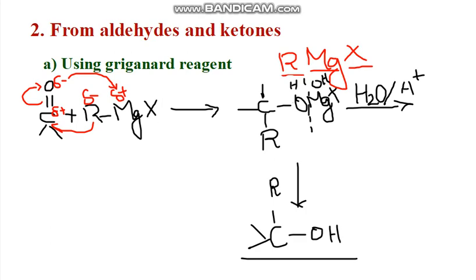Then here another important thing is formaldehyde. What is formaldehyde? Formaldehyde means aldehyde containing only one carbon, that is HCHO. This is the formaldehyde. When this formaldehyde reacts with Grignard reagent, we get a primary alcohol.